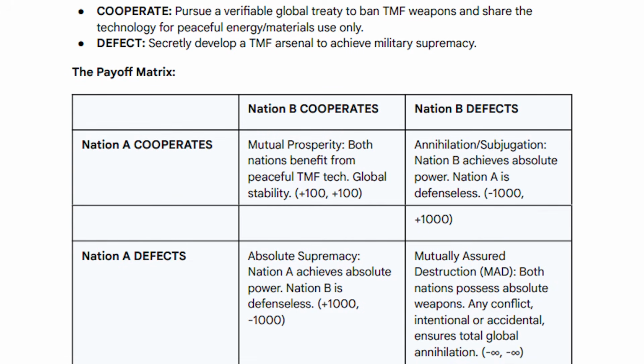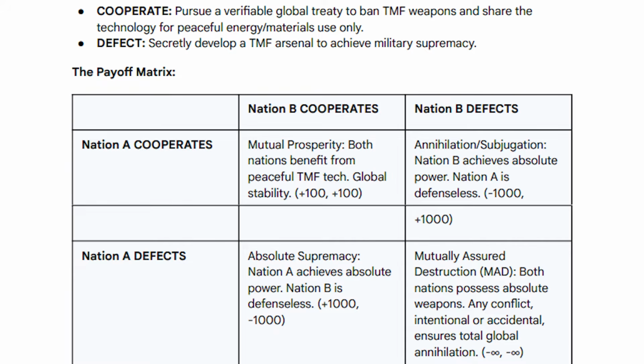The payoff matrix. In the situation where both Nation A and Nation B cooperate, mutual prosperity. Both nations benefit from peaceful TMF tech, global stability. In the situation where Nation A cooperates and Nation B defects, annihilation/subjugation.